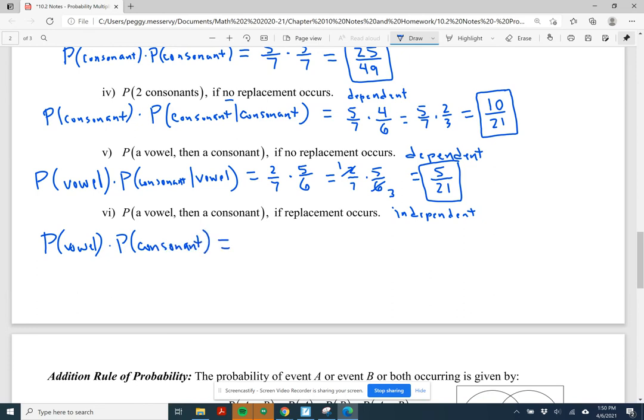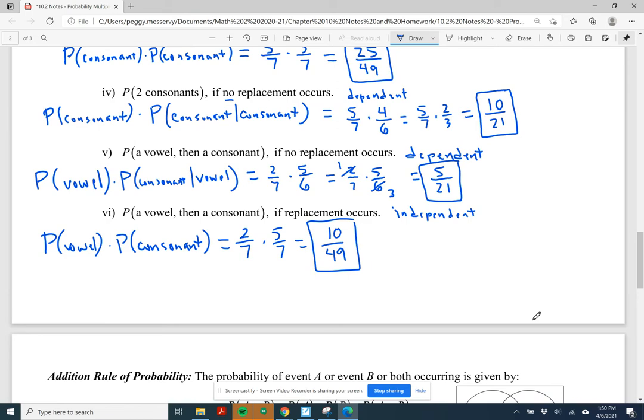Okay, and that's going to equal 2 out of 7 times 5 out of 7. 2 times 5 is 10. 7 times 7 is 49. And our probability is 10/49. And that is the end of that example.